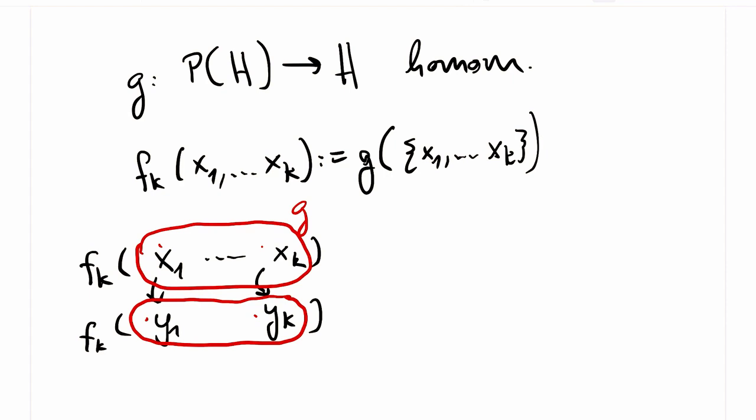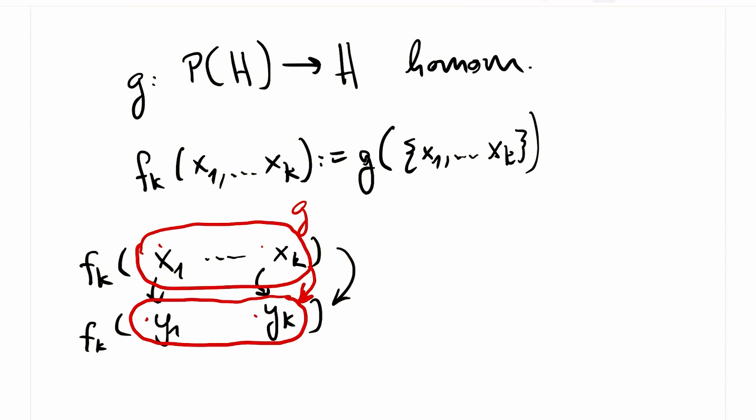So in the power set graph, there is an edge between the first bag and the second bag. Now, g is a homomorphism. So this will tell us that there will be an edge from g applied to the x's to g applied to the y's.